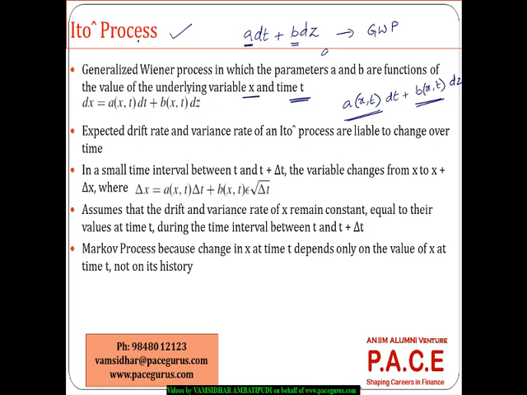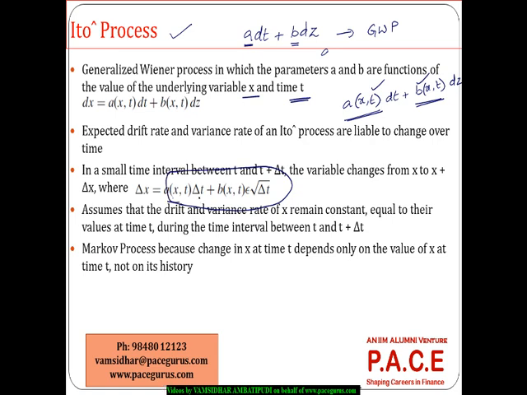Then we say the change dx follows an Ito process, which means both the drift and the variance can change over time. So in a small interval delta t, if I want to see my delta x, it goes the same way.